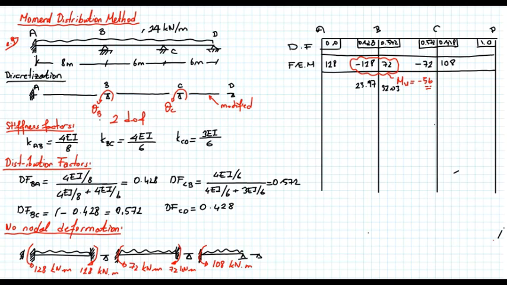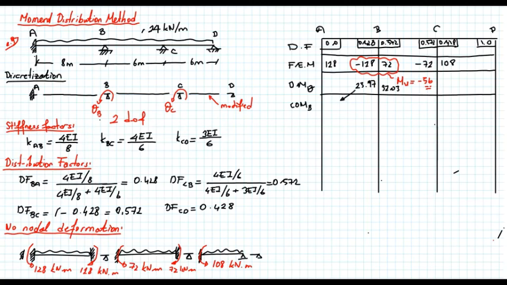And now node B is in equilibrium. So let's write it, distributed moment B. So we are allowing rotation at B. Carryover moment. Now since we have rotation at B, there will be carryover moment.